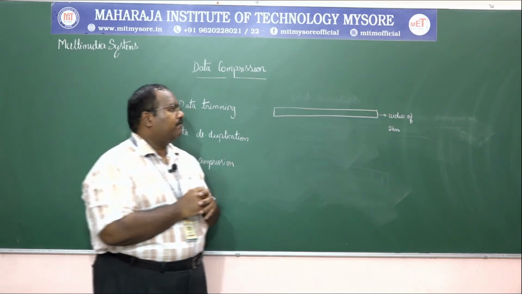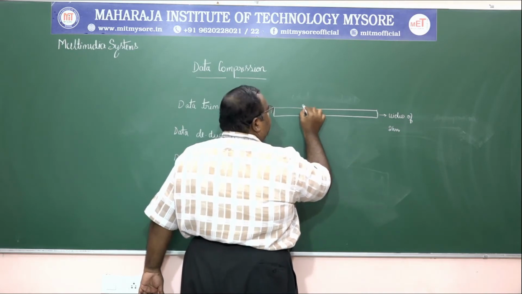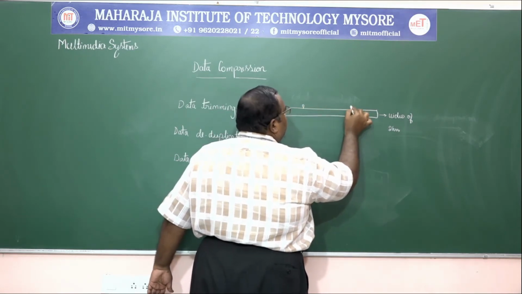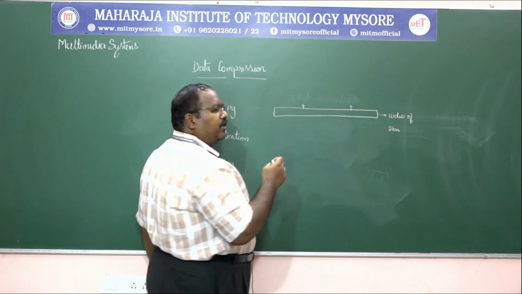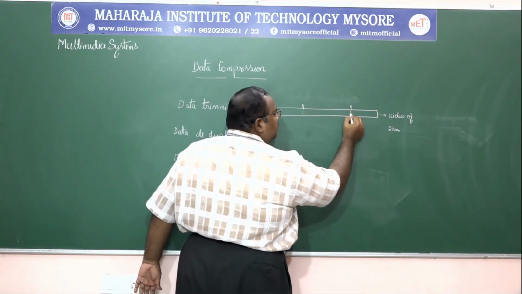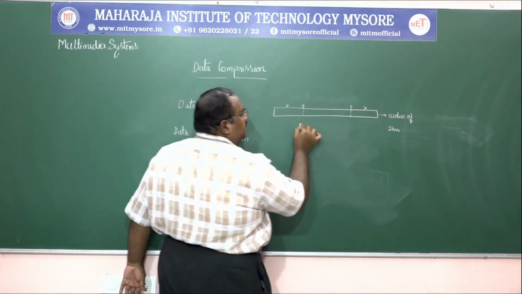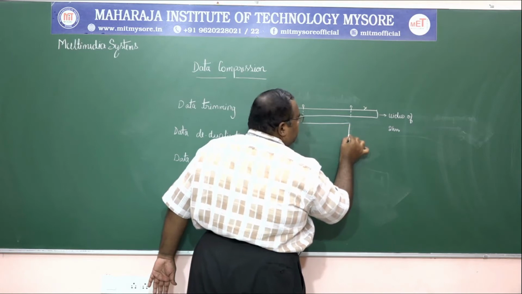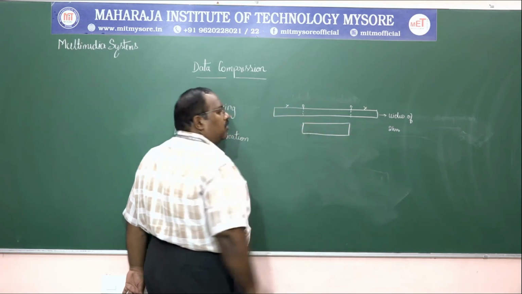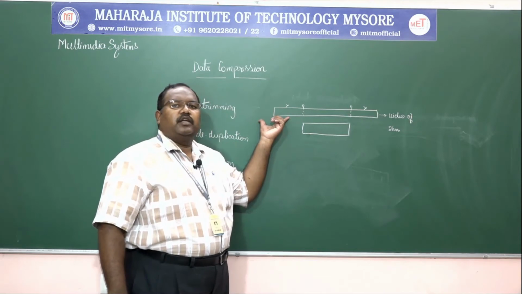Now what do I do? I edit here at this point and again at this point. I cut here and also cut here. Now I exclude this and I retain this. Consider this is a 2 hour video stream.